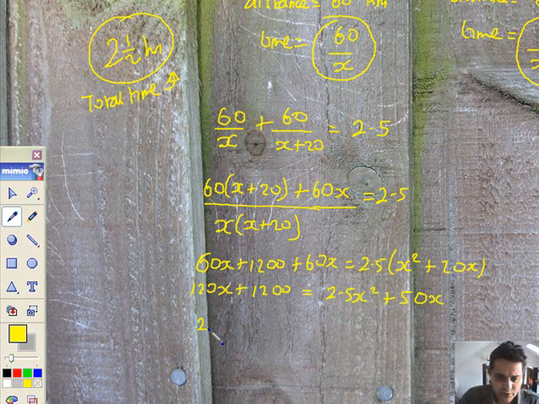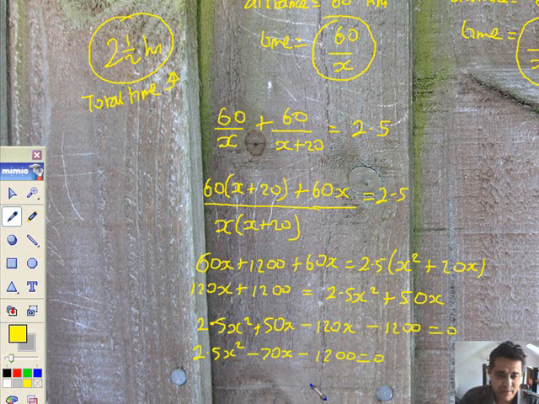So I've got 2.5X squared plus 50X, take away 120X, take away the 1200. All that equals 0 on the left hand side. Simplifying, 2.5X squared, 50 take away 120 is minus 70X, minus the number 1200.